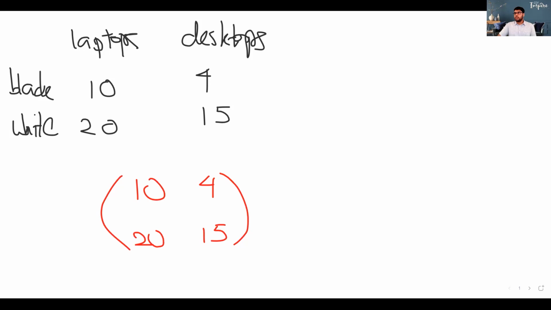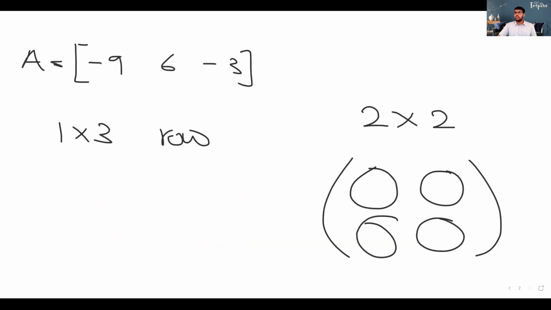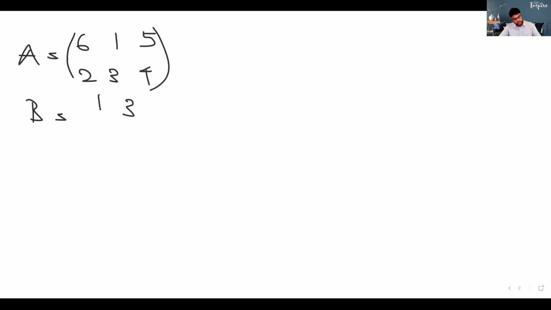Then children, now from question 4 is the part which I really want to focus on, so I'll quickly write these down. So in question 4, they've given us two matrices, children. So the first matrix A is 6, 1, 5, 2, 3, and 4, and matrix B is 1, 3, 2, 0, 2, and 3. So part A, they want us to add the two matrices together.